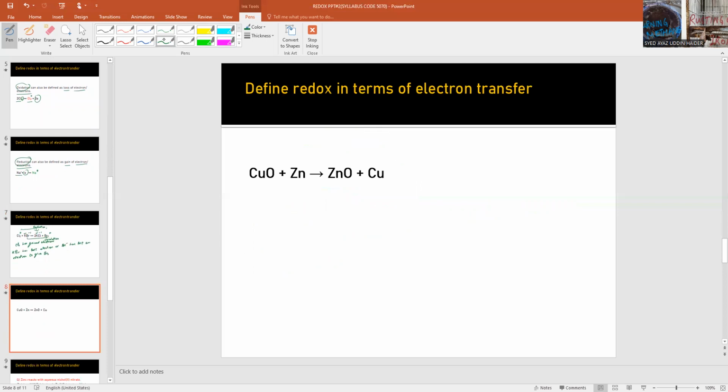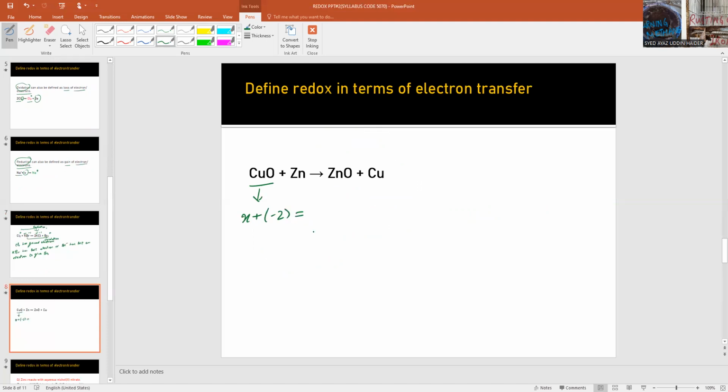Now try to solve this one using the above concept. Here we will calculate the charge on Cu in CuO in this way. Now I am calculating the charge on Cu. Let me put X here. So we'll add the charge of oxygen, which is -2, looking at the periodic table.